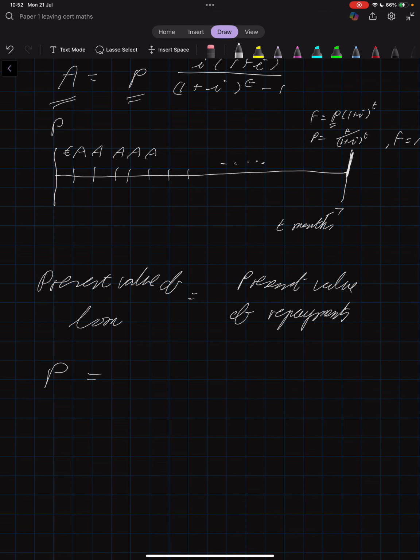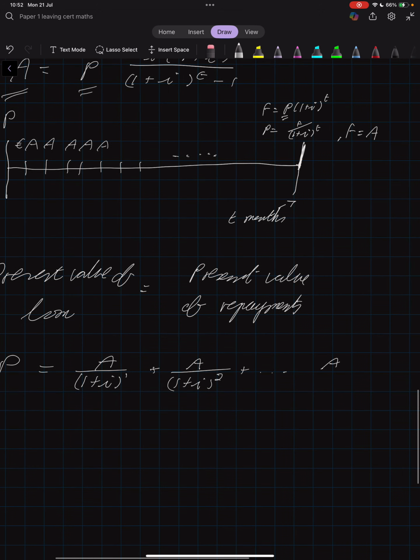So P is equal to A over 1 plus i to the power of 1, plus A over 1 plus i to the power of 2, plus ... all the way up until the very last one. The very last one, the repayment is t months after, so it's 1 plus i to the power of t.